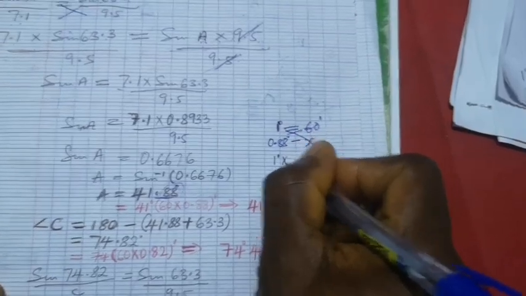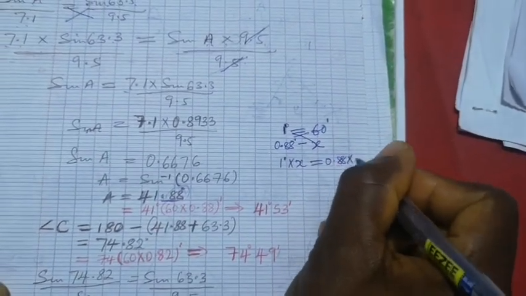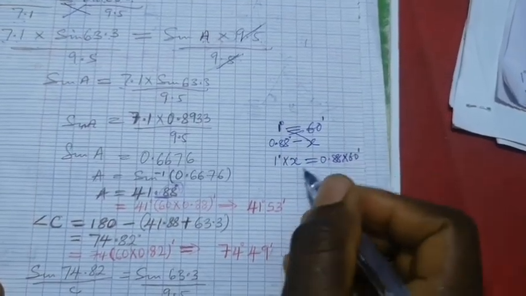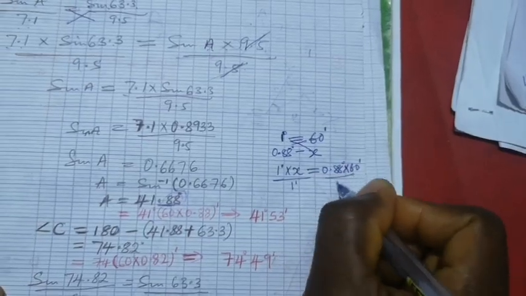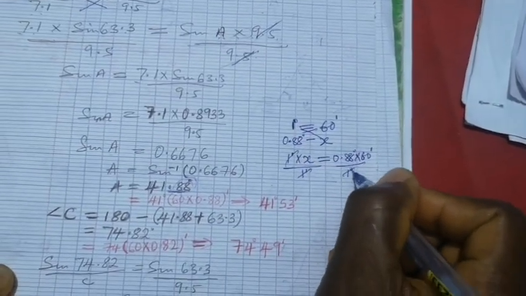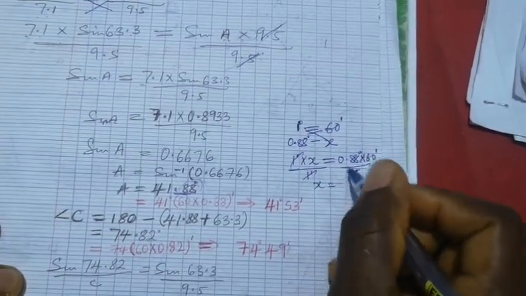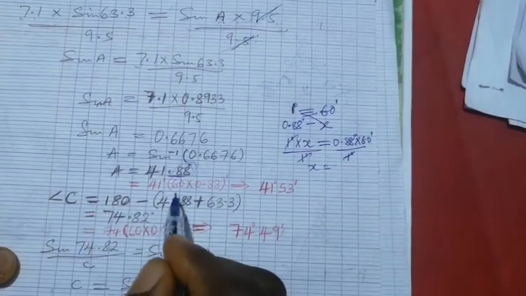Now 1 degree times x will be equal to 0.88 times 60 minutes, so if we now divide both sides by 1 degree, this degree will cancel the degree here, then x will now be 0.88 times 60, and that is what we have here.